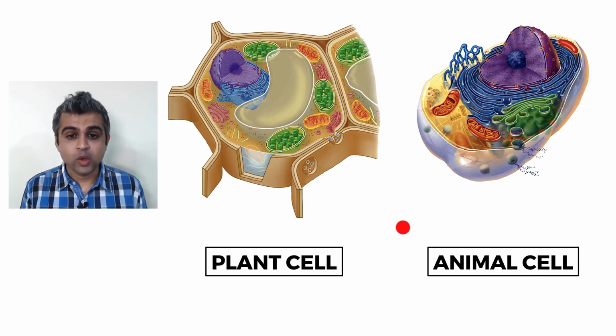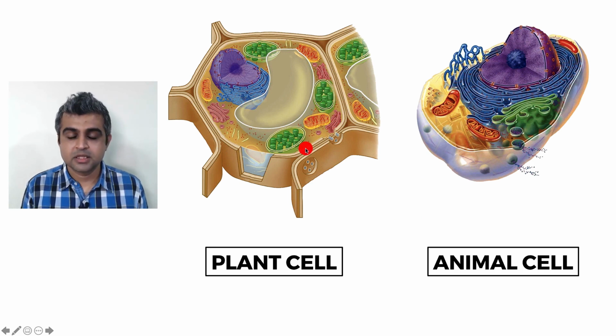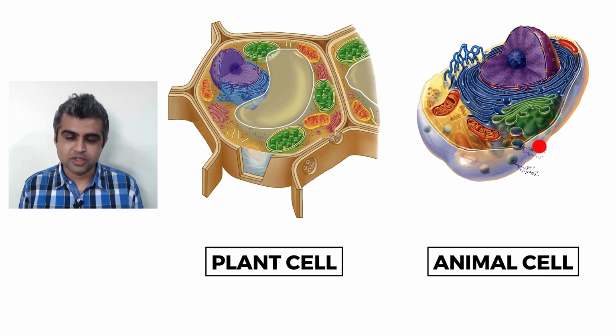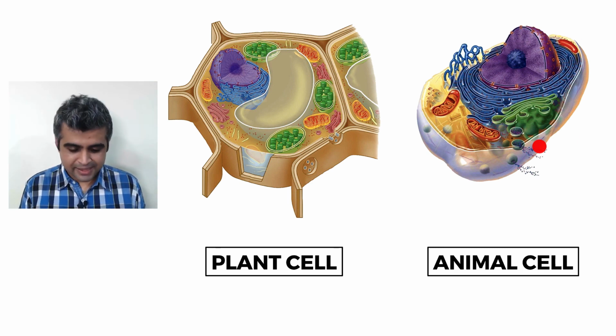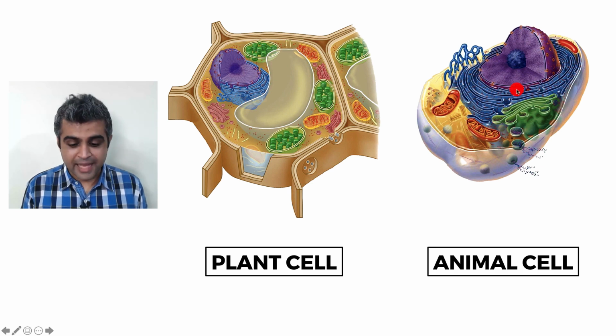The storage material in plants, the carbohydrate which the plant stores, is starch, whereas the carbohydrate which an animal cell will store is going to be glycogen. So the thing which gets stored in a plant cell is starch, and in an animal cell it is going to be glycogen. Plant cells have this large structure in the center called vacuoles, which we have already done. So plant cells have a large vacuole, whereas animal cells do not have any such vacuoles.